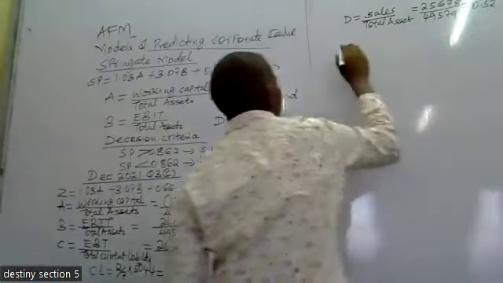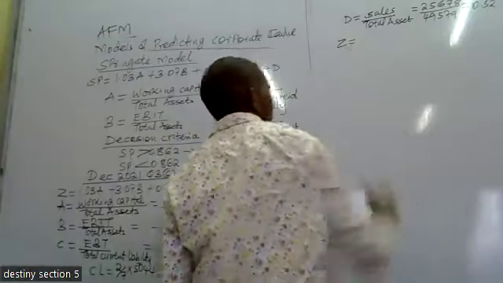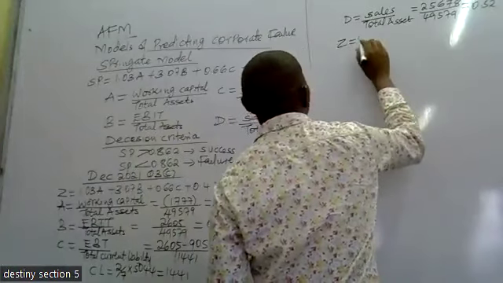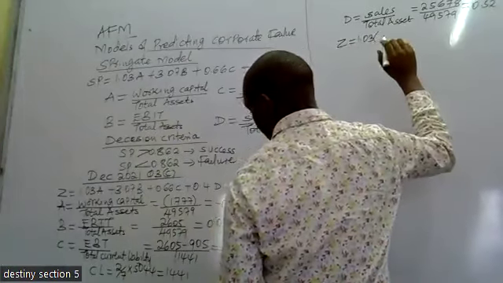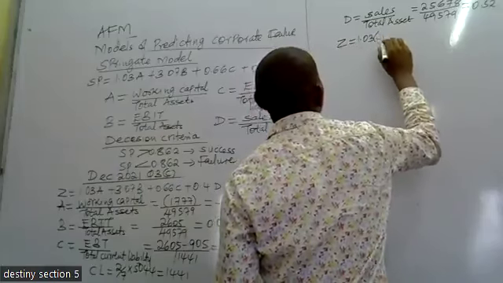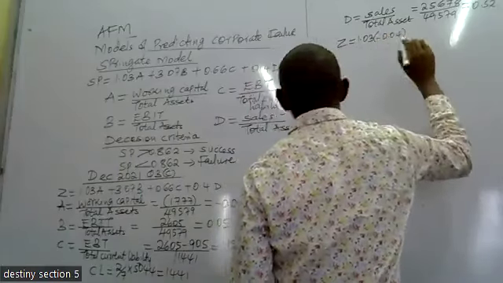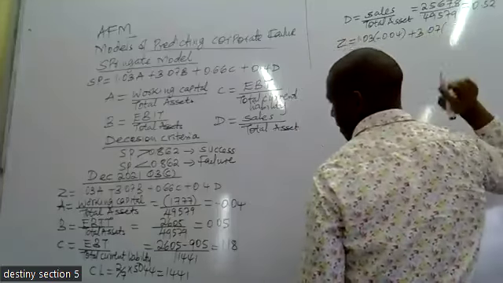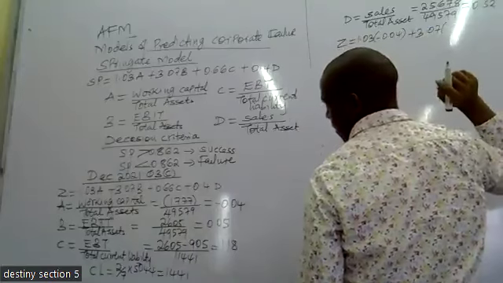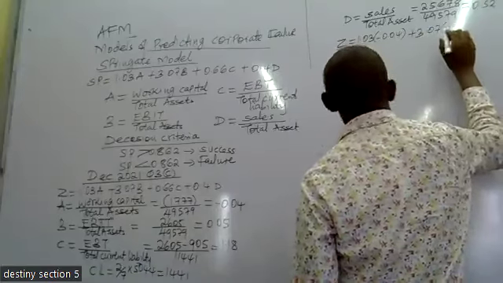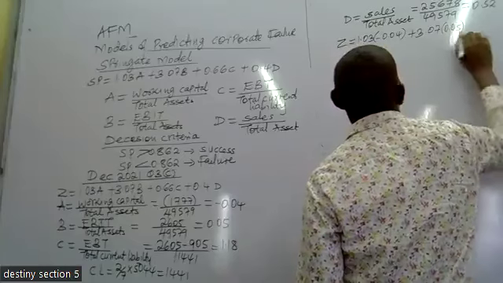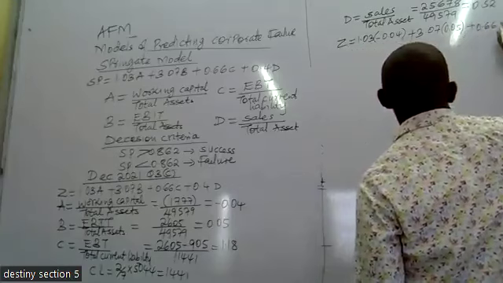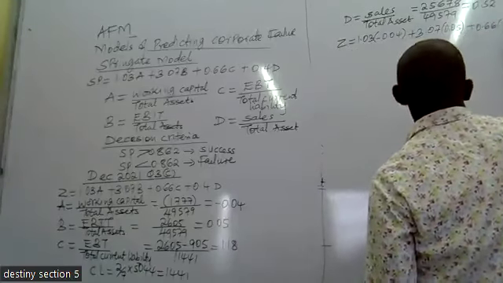So with that now we can get our Z, which in this case will be 1.2, 1.03. Here we've gotten negative 0.0 plus 3.07. This one gotten 0.05. And then C, we have 0.66.